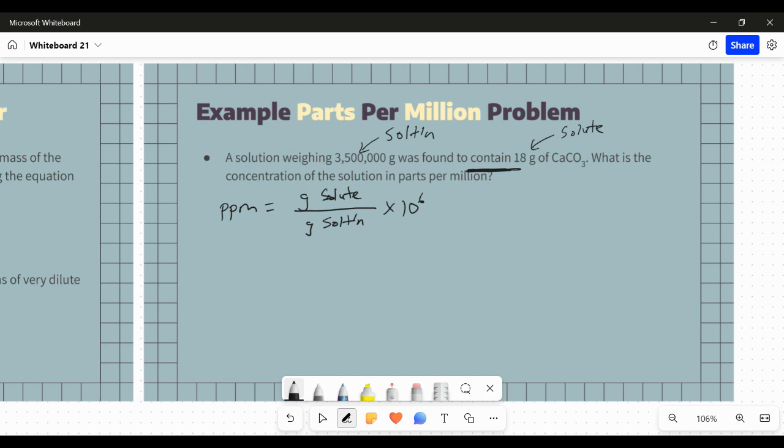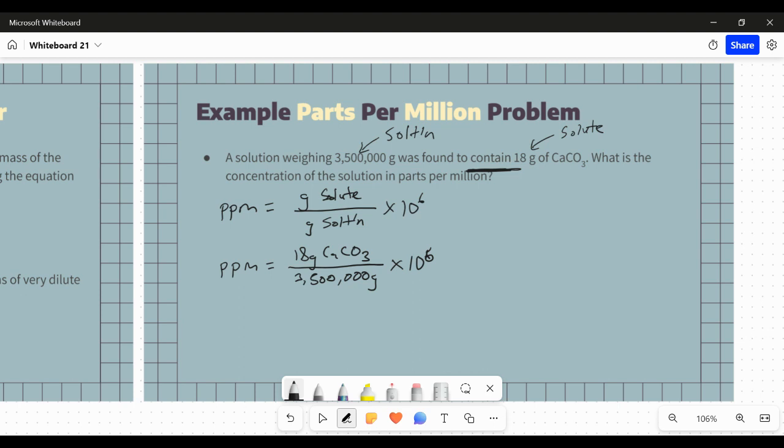So I'm going to plug these numbers in. Parts per million is equal to 18 grams CaCO3 divided by 3,500,000 grams times 10 to the 6th. Now, if you plug this into a calculator correctly, you will get the right answer.